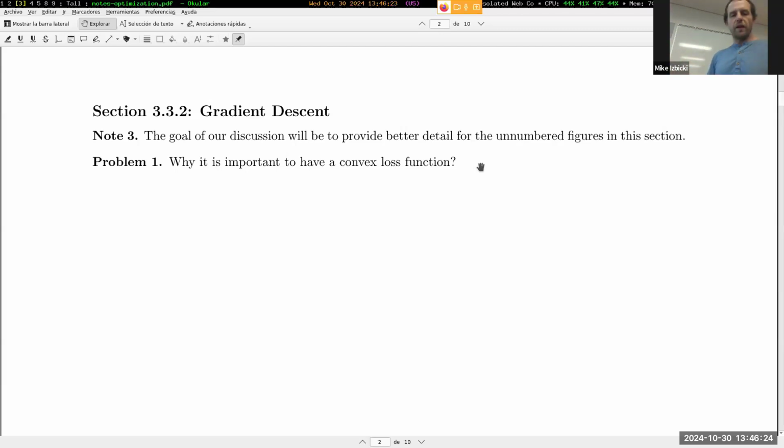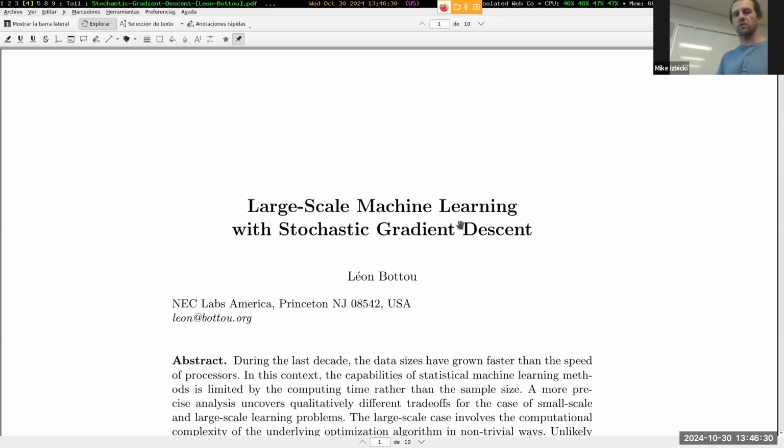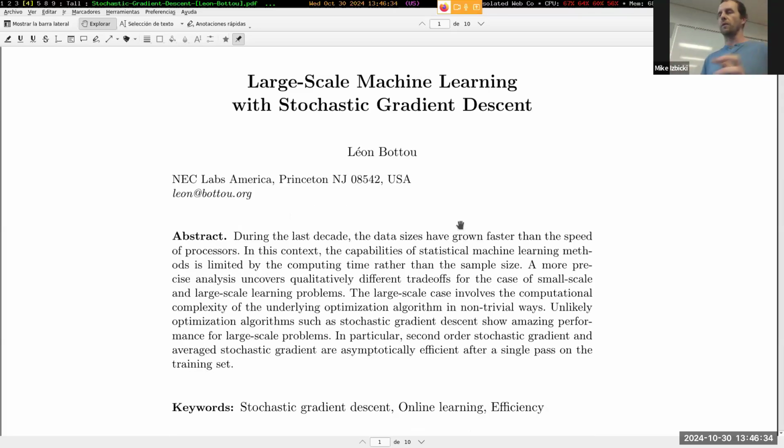we will maybe by the end of today, but definitely next week, start talking about this large-scale machine learning with stochastic gradient descent paper. And this will be more based on where your actual problems for the final exam will be coming from.